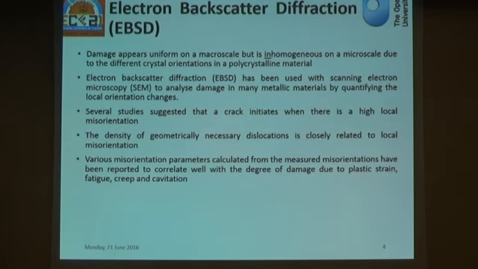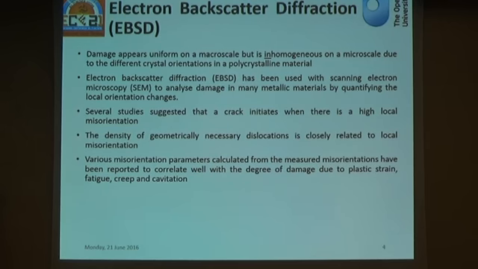Electron backscatter diffraction. Though on a macro scale the damage seems to be homogeneous, on a micro scale it's inhomogeneous because of the polycrystalline nature of the material. EBSD is a very good approach, along with the scanning electron microscope, where you can quantify the damage with respect to the local change in misorientations in the material. Several studies suggest that cracks initiate when there is a high local misorientation, and the density of geometrically necessary dislocations is closely related to the local misorientation.